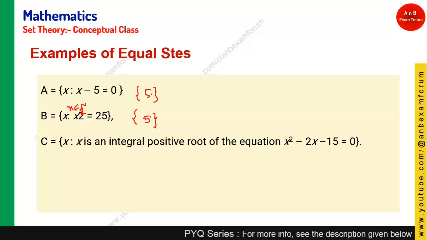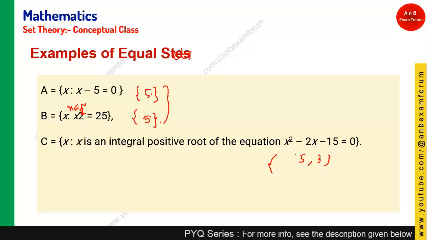And again, if you make this set like x is an integral positive root of the equation, and you solve this equation, you have 5 and 3. So 5 and 3 will be 2 elements. So these A and B are equal sets, whereas if you compare A and C, they are not equal sets.